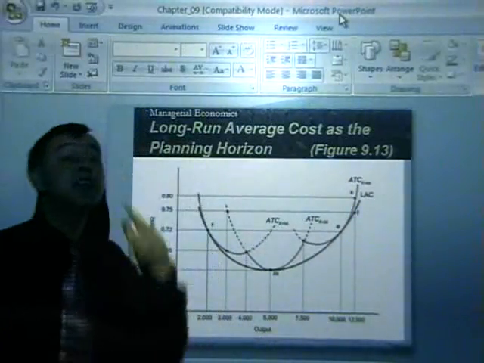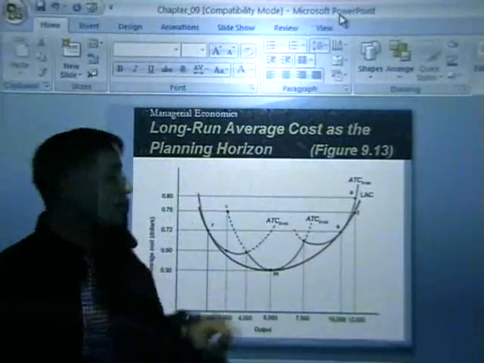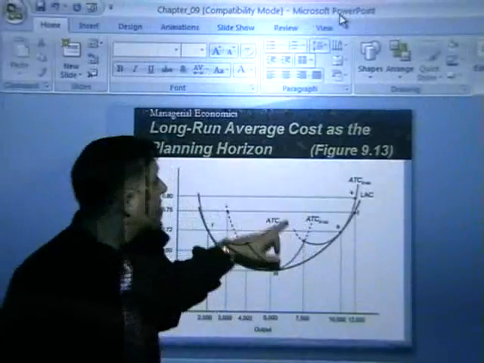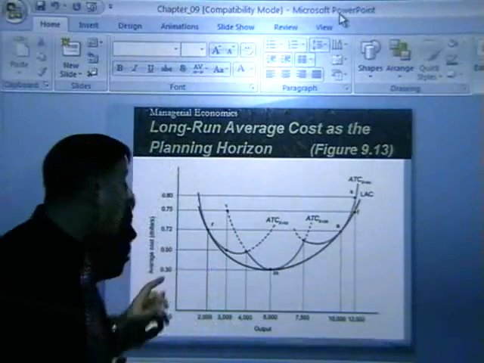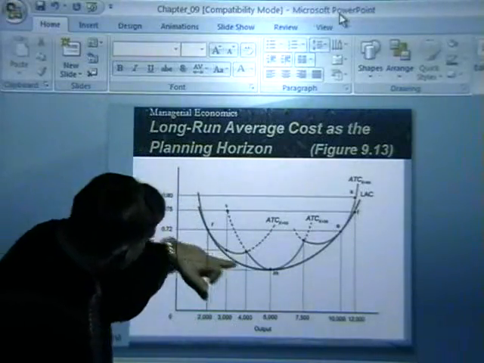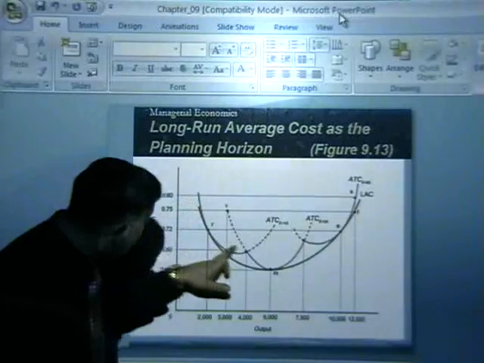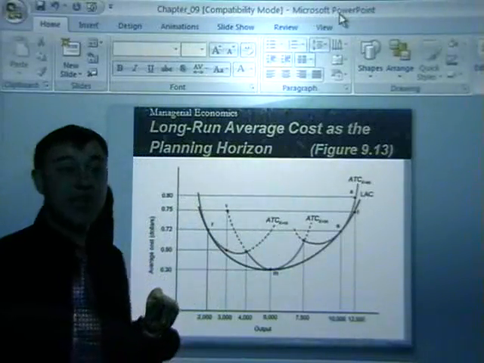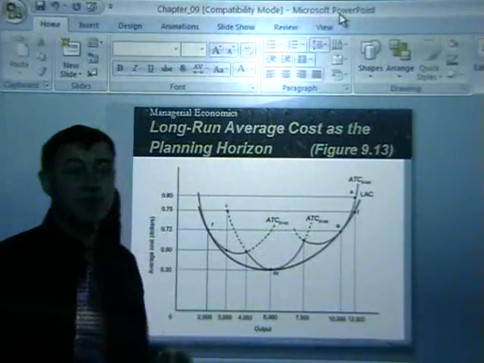Well, in the long run, you can change if you choose 10, if you choose 30, and if you choose 100. So, in the long run curve, this curve R is attained from capital of 10, which is attainable. This curve, or point N, is attainable with capital of 30.